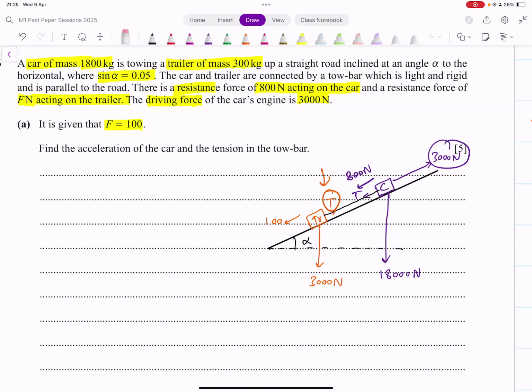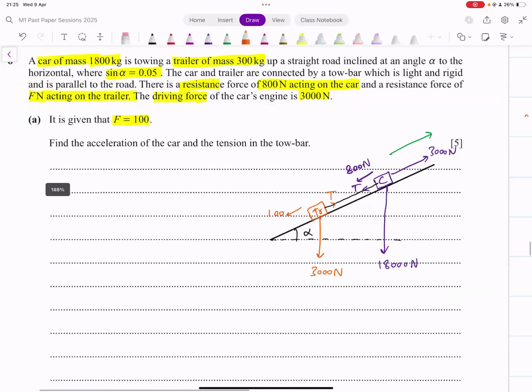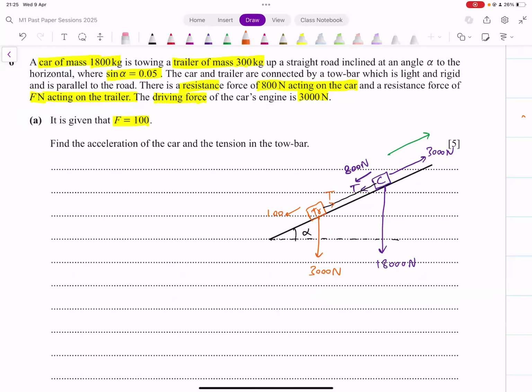So the driving force is pushing the car forward in this direction. Because of that, you have this tension in the tow bar, and that tension acts as the driving force for the trailer. The trailer is being towed in the first place because its engine is not working, right? That's why it's being towed like this. So it does not have a driving force of its own as such. It's the tension.